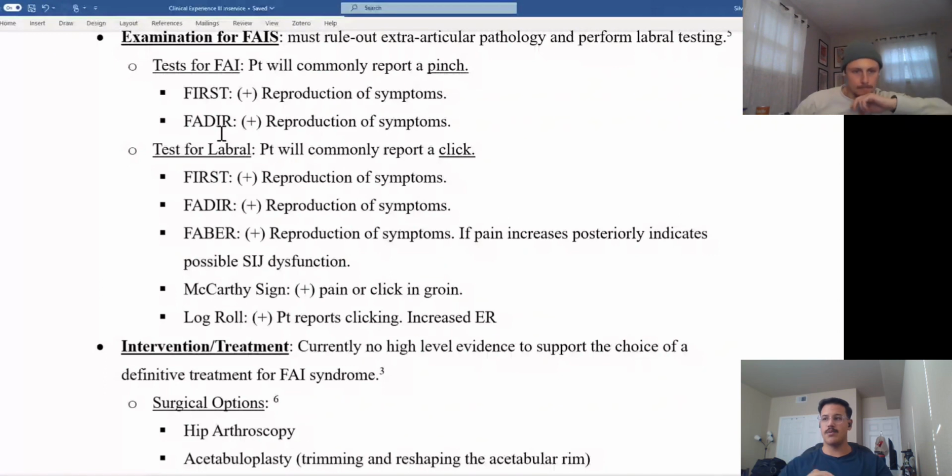And this is where your clinical knowledge and being able to deduce type of pain is going to be very important because you're going to ask them, how does it feel? Describe it to me. And FAI in particular is more associated with a pinch kind of feeling. Patient will say, it just feels like something's pinching down there, or a deep pinch, things like that.